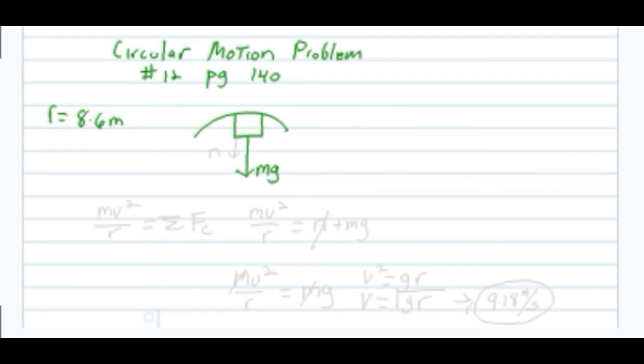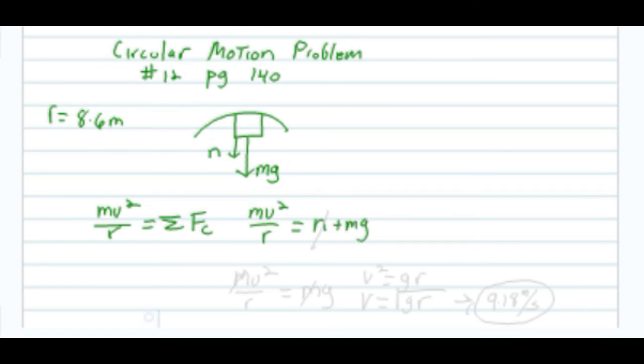And if you think about it, at that point, when the car is upside down, the track is actually pushing down on it, so there's a normal force N. So those are the two forces. So we can say mv squared over r equals the sum of the forces towards the center of the circle. There's two forces towards the center. We have mv squared over r equals N plus mg.